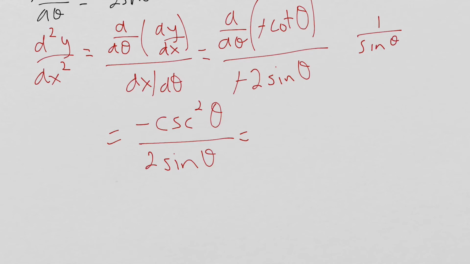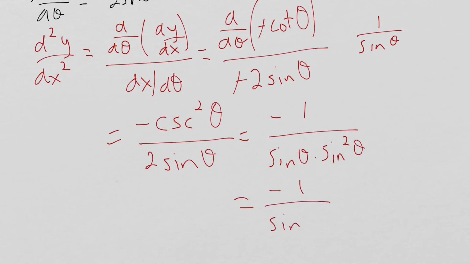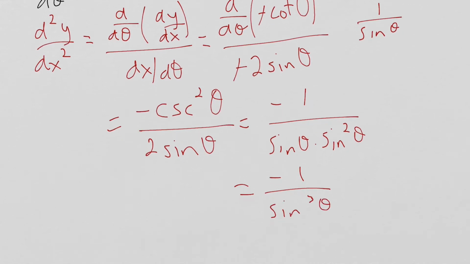That's what cosecant is. So this is going to be a 1 over sine squared theta. So I get negative 1 over sine theta times sine squared theta, which is negative 1 over sine cubed theta.